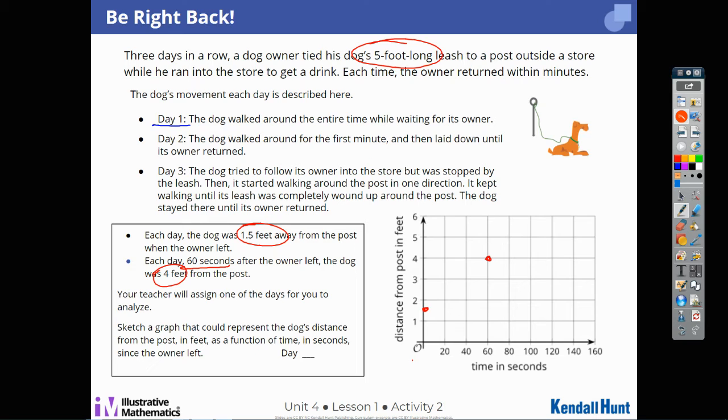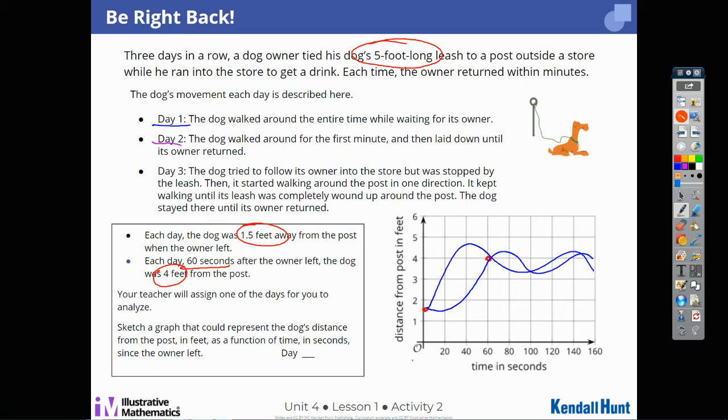So the line's not going to be on 2 different points, but it can move in any direction. So it could look something like that if the dog walked around the entire time. He could have went up here and then down and then around. We don't really know where the dog went, but he could have done something like that, either of those.